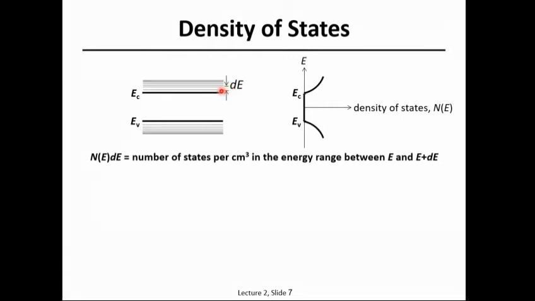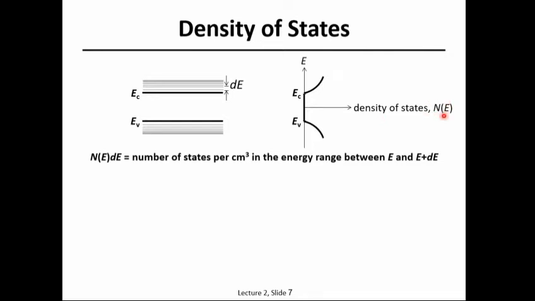Let's say this has an energy E, and this energy here is E plus dE. I want to take the number of states here per cubic centimeter, meaning in a unit volume, within the energy range between this energy and that energy, in order to obtain the density of states.